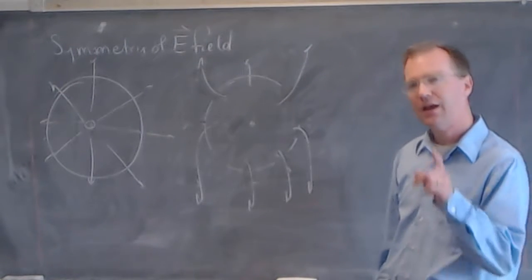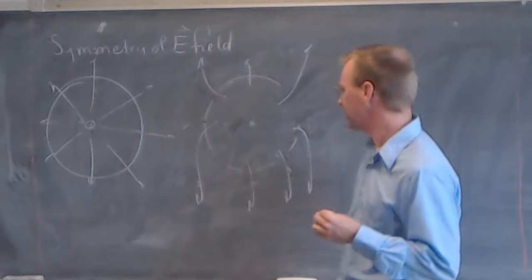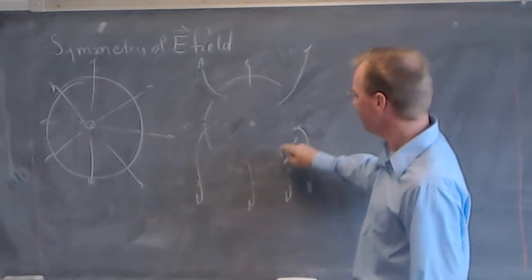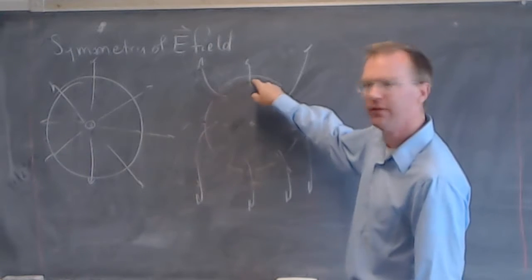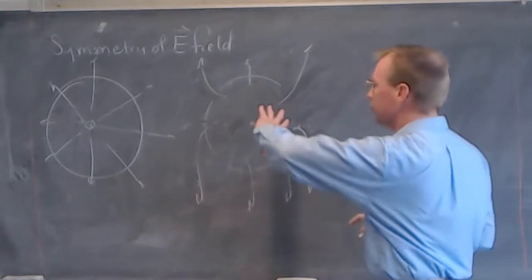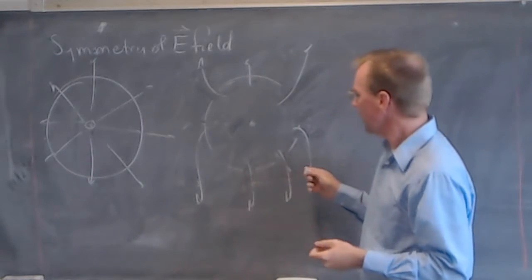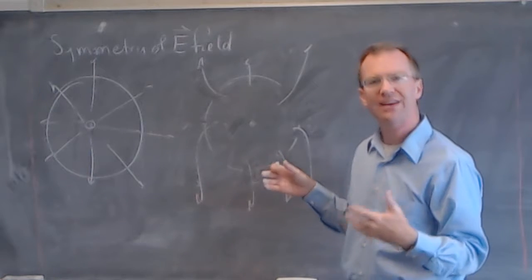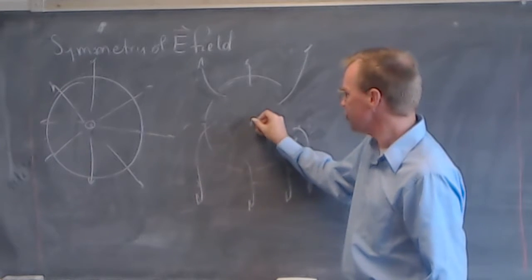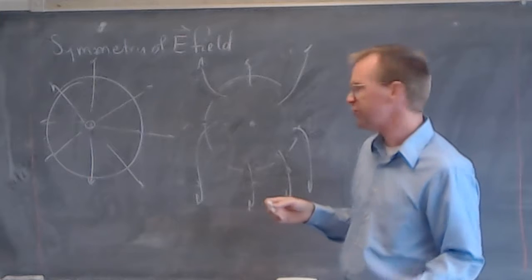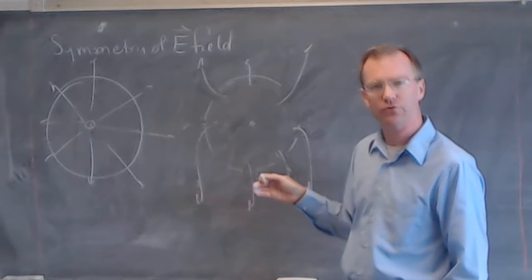Could that happen? Now here's where the symmetry comes in. What is different about this side than this side? If I were to rotate this sphere and all the lines with it, I shouldn't see any difference. The charge that creates it has a spherical symmetry, and so the field lines coming out have to.